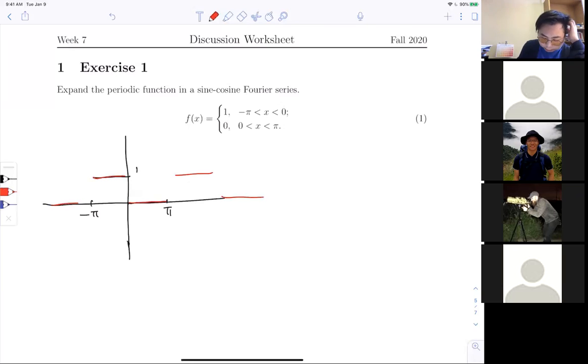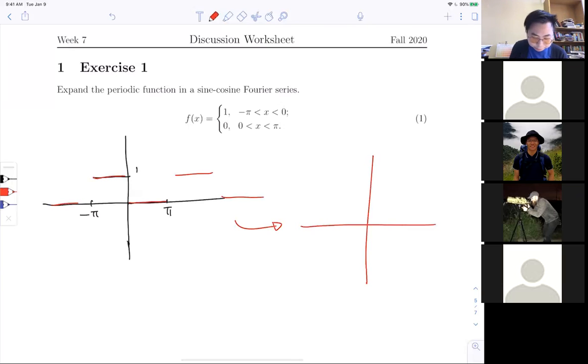But by drawing this picture, we notice that by shifting this function by one half, so f minus 1/2, we get an odd function, right? Here's 1/2, here's minus 1/2. Something like this.